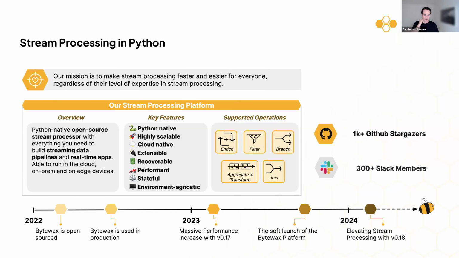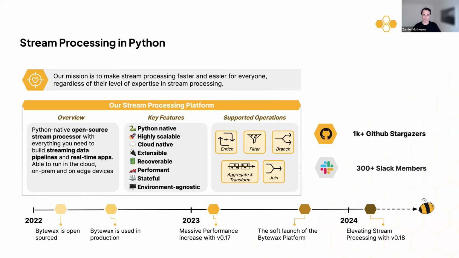We have a small but growing community of 1,000 people stargazing. Please star us if you get a chance. And 300-ish, I think it's 350 or so, Slack members who are actively building stuff with Bytewax, and it's fun to see what everyone's building. Bytewax was open sourced in 2022, and we had our first production use that year.